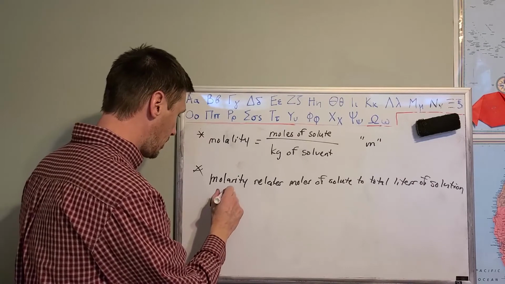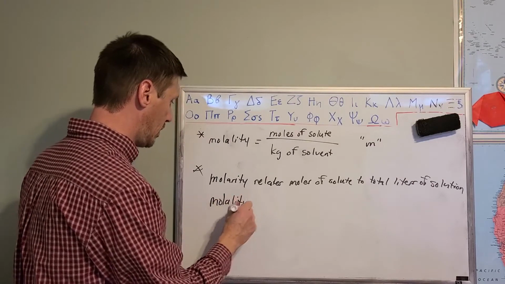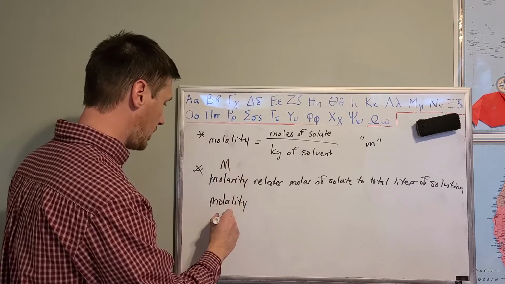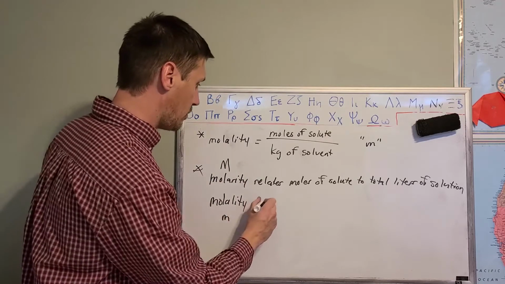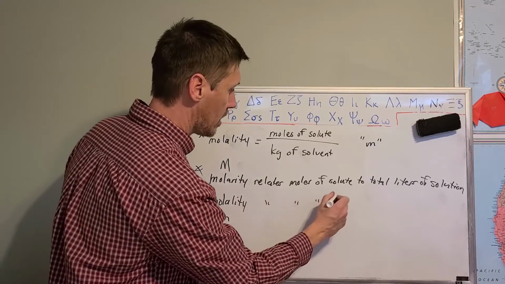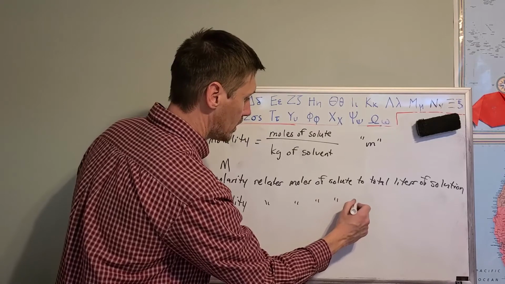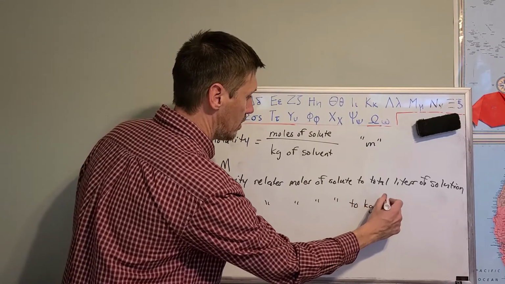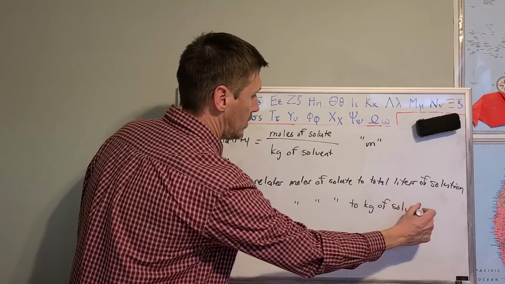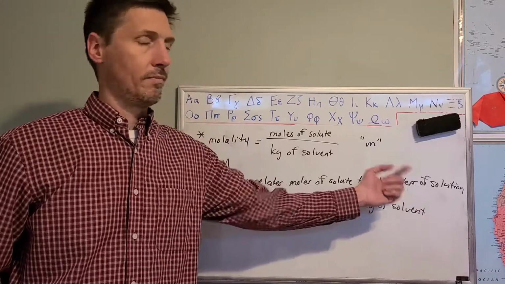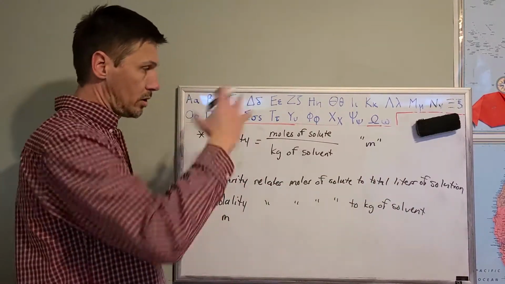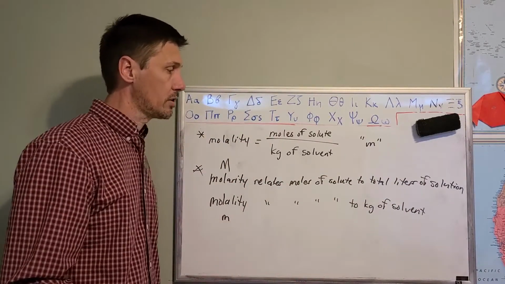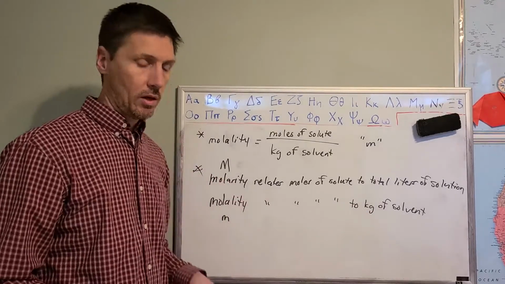Molality, on the other hand, molarity is an uppercase M, molality is a lowercase m, relates moles of solute to kilograms of solvent. So one relates to a volume unit. It's the total solution, the volume of the entire solution. One relates to the mass of the solvent.